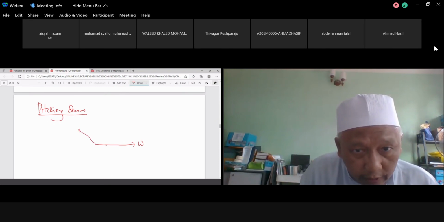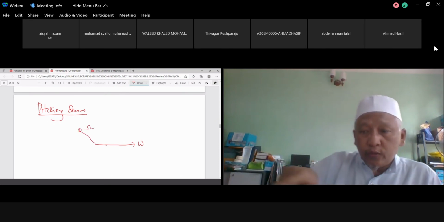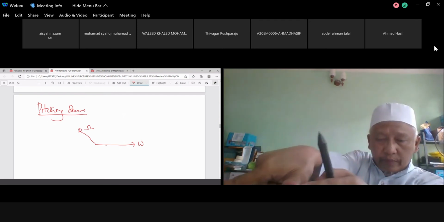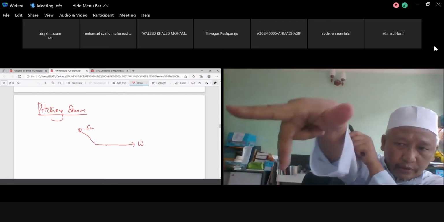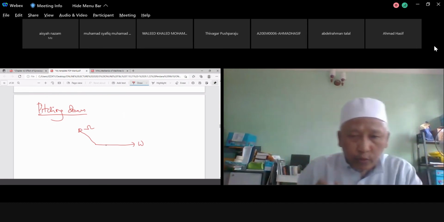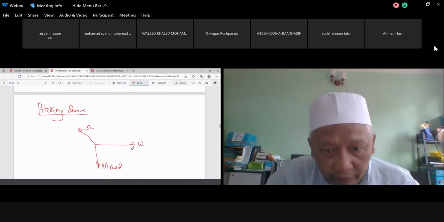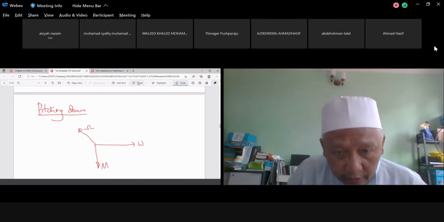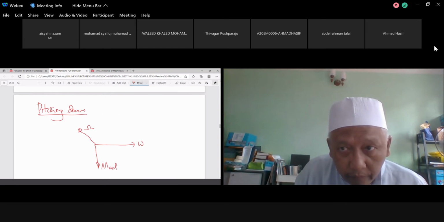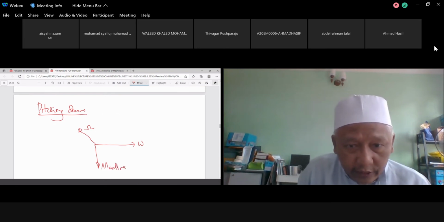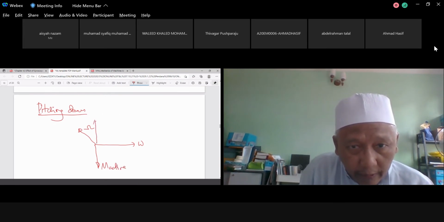This one is the precession. The couple is pointing downward. So put it here, couple pointing downward. Again, this is the M active. And again, this is now the M reactive.